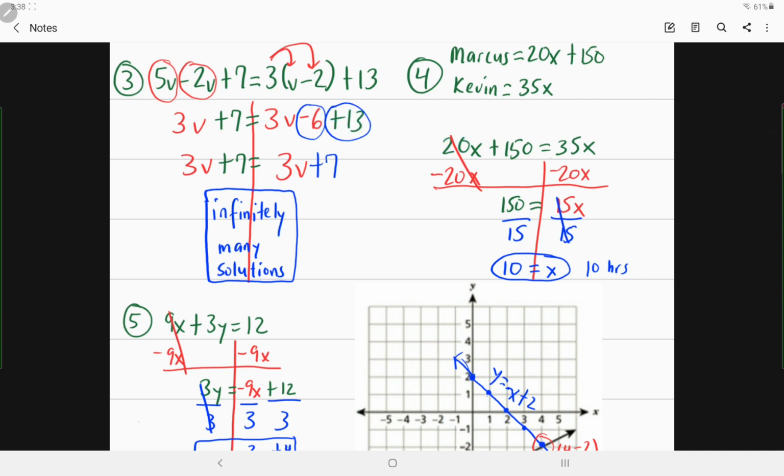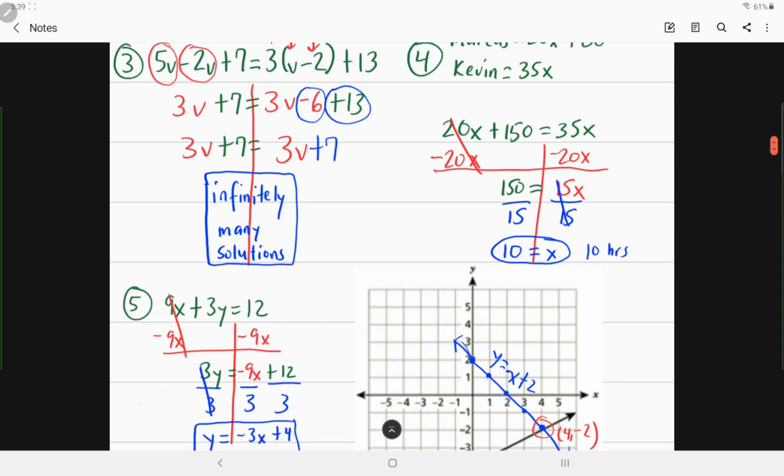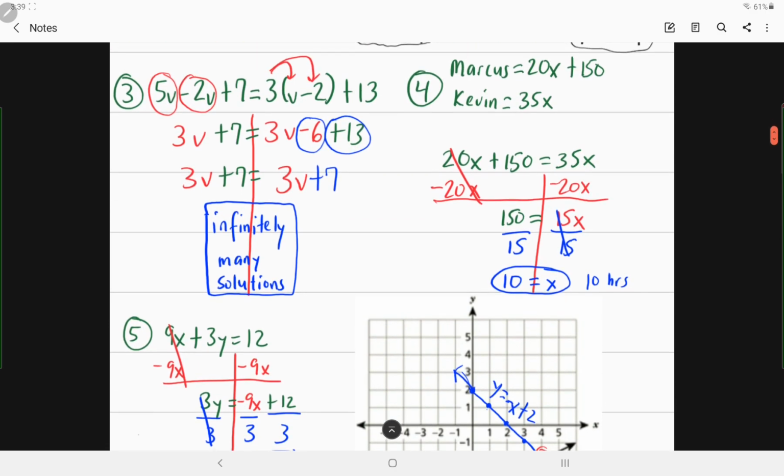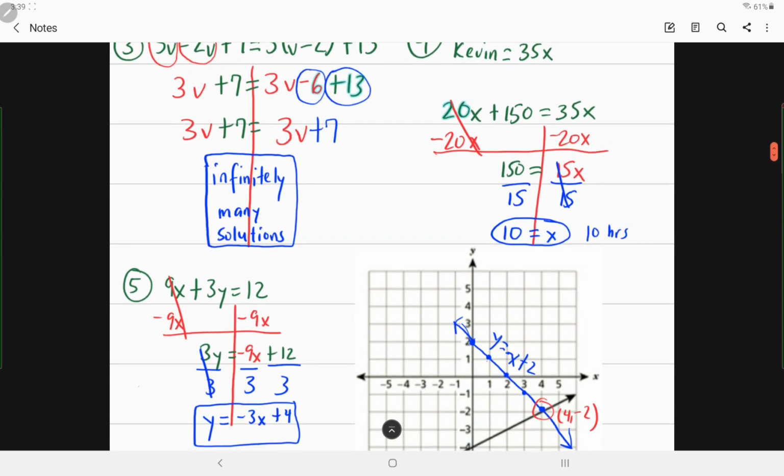To figure out how long it would take for their cost to be the same, remember same means equal, so you simply want to set both expressions equal to each other. 20x plus 150 equals 35x. When you solve it, you'll get 10, so it would take 10 hours for both of their rates to be the same, to be equal.